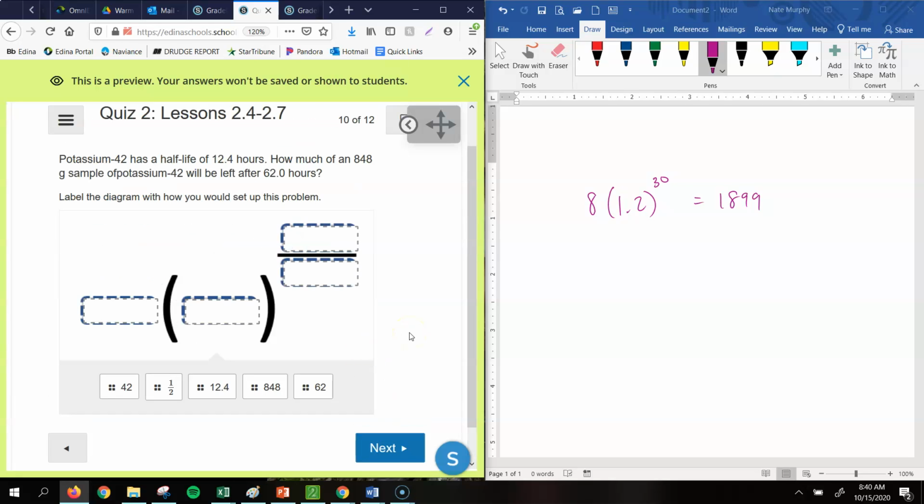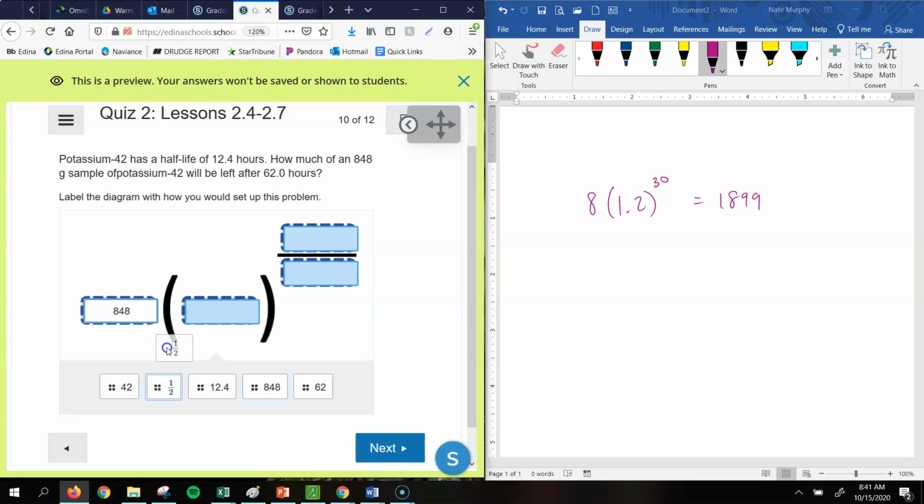Okay, so here we're going to have a drag and drop. It says potassium 42 has a half-life of 12.4 hours. How much of an 848 gram sample of potassium-42 will be left after 62 hours? Label the diagram with how you would set up the problem. Our initial amount would go outside of here. Our A value is the 848 grams.